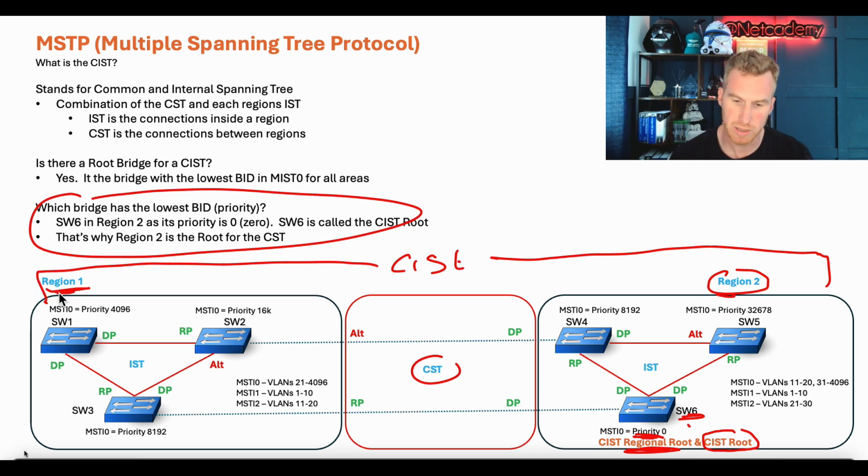But if you look at it from region 1's perspective, it too will have a regional root. Which will that be? That will be switch 1, because this has a priority of 4096.